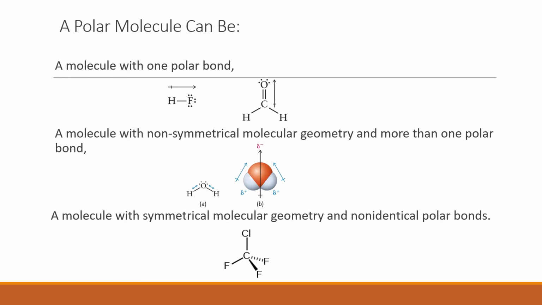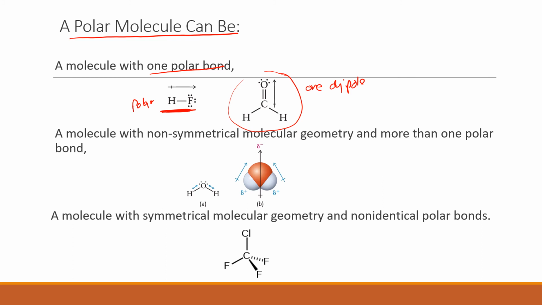Now, in contrast, a polar molecule can be a molecule which has only one polar bond. For example, there's only one polar bond, so one dipole, nothing to cancel, so this will be polar. Another example is, although it's a symmetrical shape, there is only one dipole because there's only one polar bond, nothing to cancel on the other side, so this will also be polar.